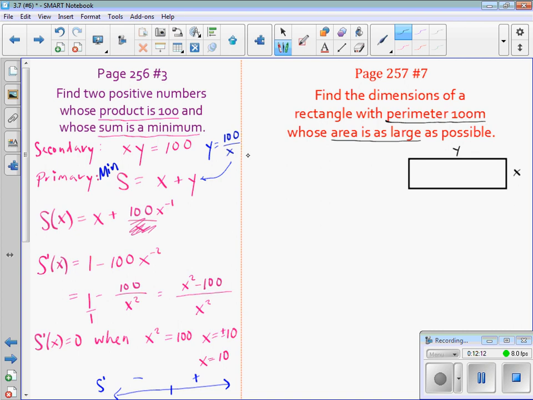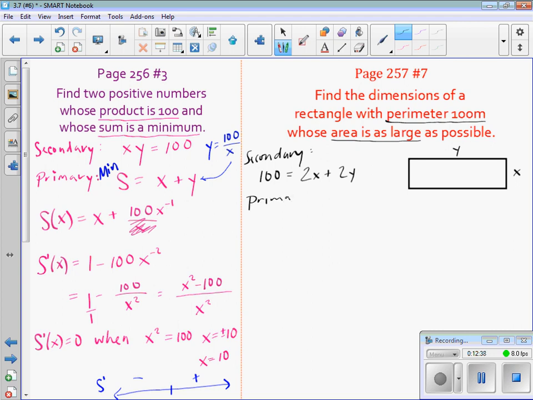If the perimeter is 100, what's my secondary equation? Okay, so 100 equals, what's perimeter? 2x plus 2y, right? You have x plus y plus y, so we got 2x plus 2y. And then your primary equation is what you're trying to maximize or minimize.